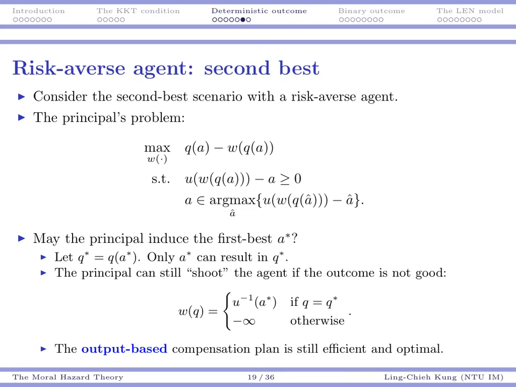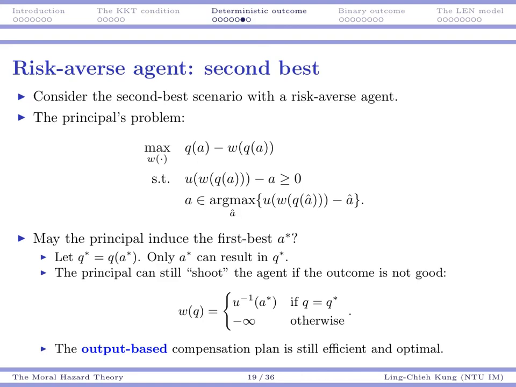That is different, but the output-based compensation plan can still be efficient, because all we need to do is know what we would do under first best, and then control the first best scenario by setting a compensation plan such that if you do that, you're good. Otherwise, go die.